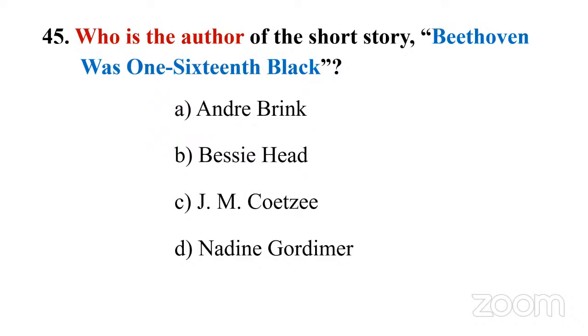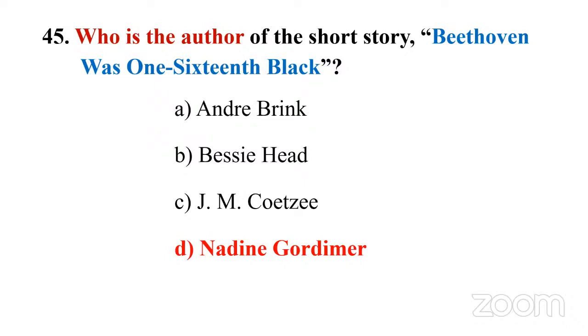So option A, Andre Brink, B, Bessie Head, C, J.M. Coetzee, D, Nadine Gordimer. All are South African writers. So this clearly says that the question setters expect students of literature to get exposed to world literature, right? So the answer is D, Nadine Gordimer.